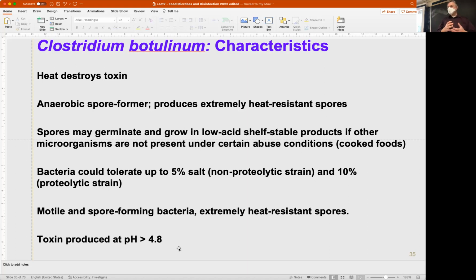Bacteria of this nature can survive 5% salt, and they have very heat resistant spores. The spores can survive a lot of heat. And the toxin is produced if the pH is above 4.8. So if you reduce the pH, then you won't get the toxins produced.